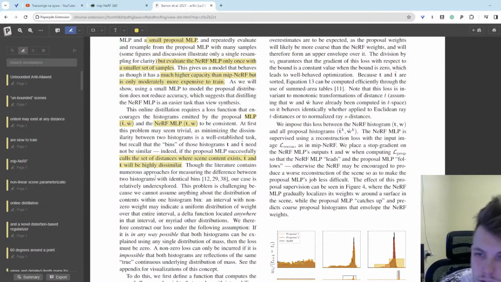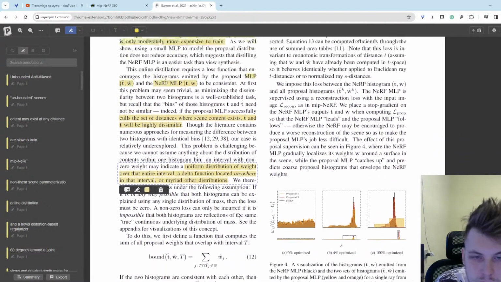Though the literature contains numerous approaches for measuring the difference between two histograms with identical bins, our case is relatively unexplored. This problem is challenging because we cannot assume anything about the distribution of content within one histogram bin. An interval with non-zero weight may indicate a uniform distribution of weight over the entire interval, a delta function located anywhere, or myriad other distributions, right?